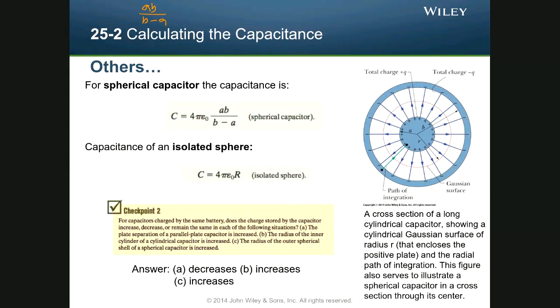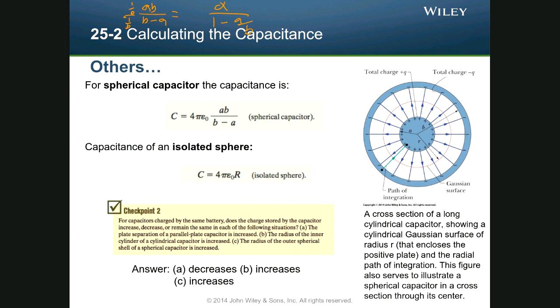What they do is divide each term by B. So you can multiply by 1 over B over 1 over B, which is basically multiplying by 1, and that's going to equal A over 1 minus A over B, where A is our inner radius.